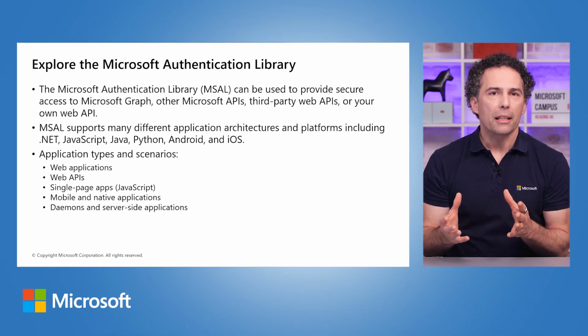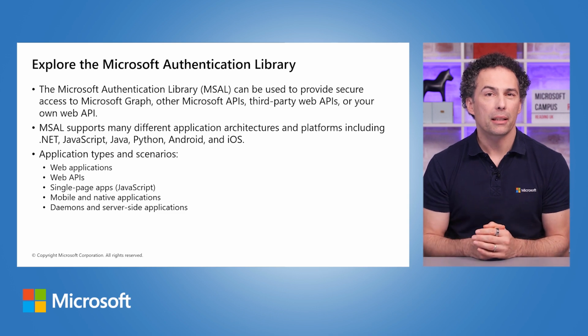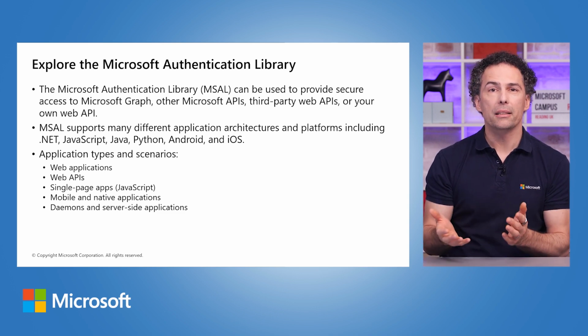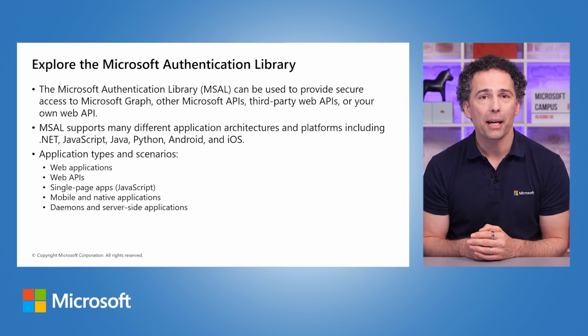You want to write a single-page app in JavaScript that leverages the Microsoft Identity Platform to get standardized access to Azure resources and services, or maybe an API you manage.